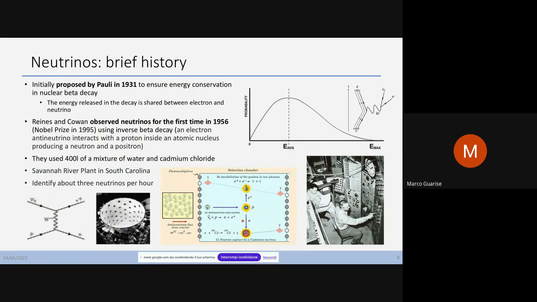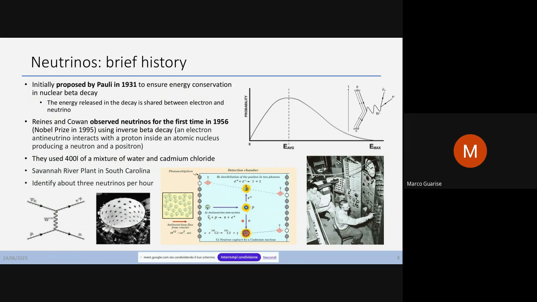So this is the historical point of view. Neutrinos were proposed by Pauli about 100 years ago to ensure energy conservation in nuclear beta decay, and he bet that nobody would be able in the future to discover neutrinos.